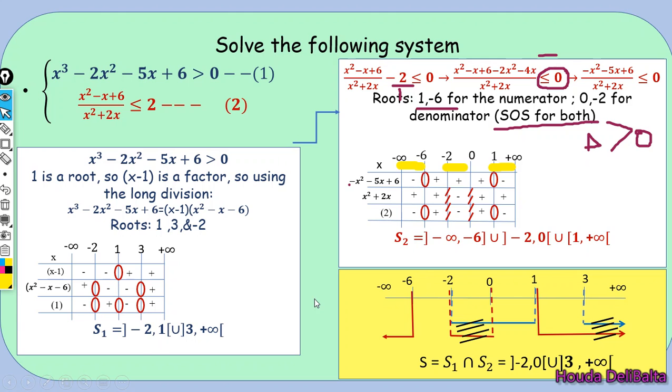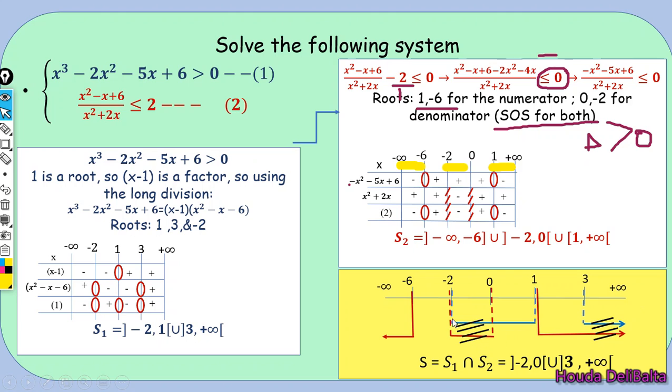So we use the numbers mentioned in the solutions. Now according to solution 1, I made it in blue. Solution 1 goes from minus 2 till 1, open at both, that's why I make a dashed segment. So from minus 2 to 1 and from 3 to plus infinity. The blue one is for solution 1.